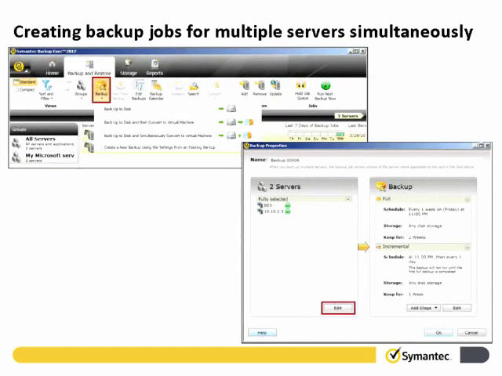If I have selected a group of servers, or I have highlighted multiple servers using the Shift or Control key, I can still run a backup, but it's going to show me now that my backups apply to multiple servers. So the selection screen looks different.